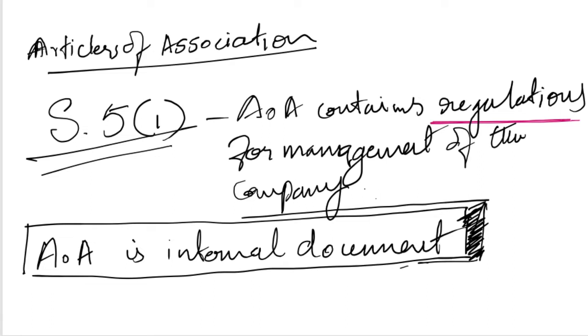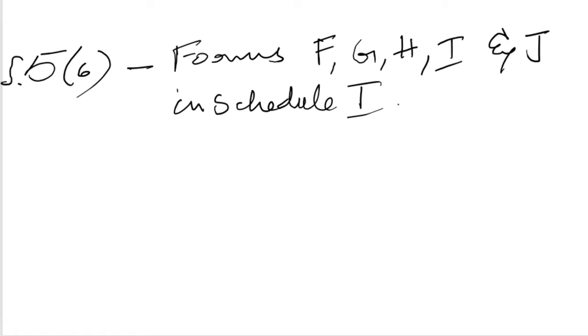They cannot request the directors of the company, or whoever is in charge of giving public information, to issue a copy of articles of association. So articles of association is not a public document, but memorandum of association is a public document. Understood?